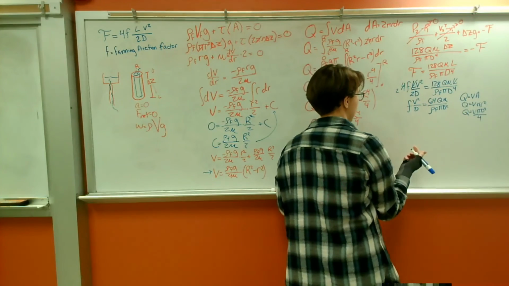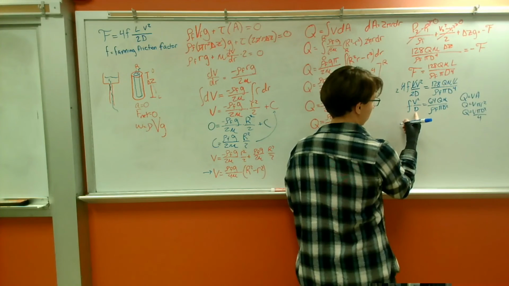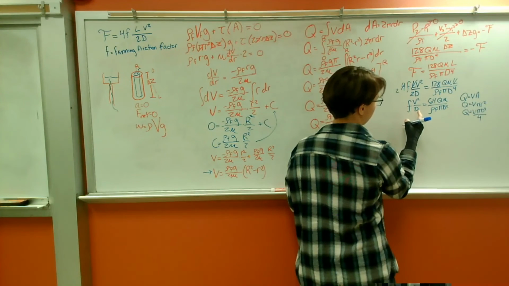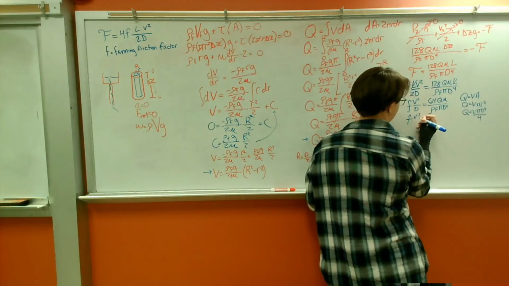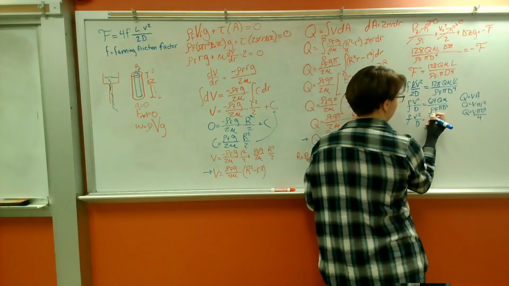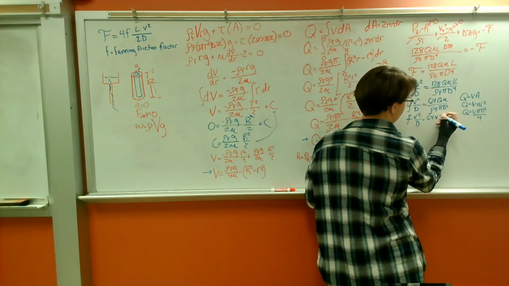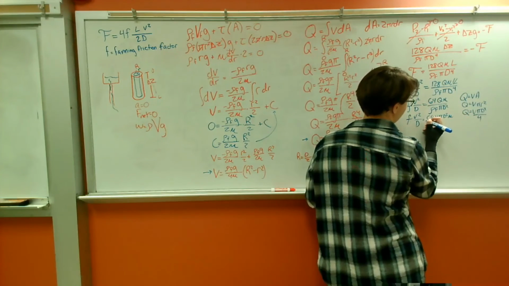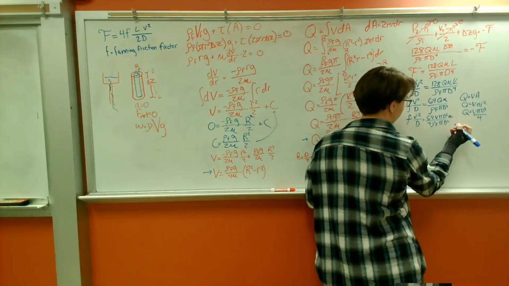Alright, so we're going to plug this in, and I'm just going to plug it in, and then we'll deal with it. Okay, so we got f v squared over d is equal to 64 times q, so v pi d squared, and this mu over 4 rho of the fluid pi d squared.